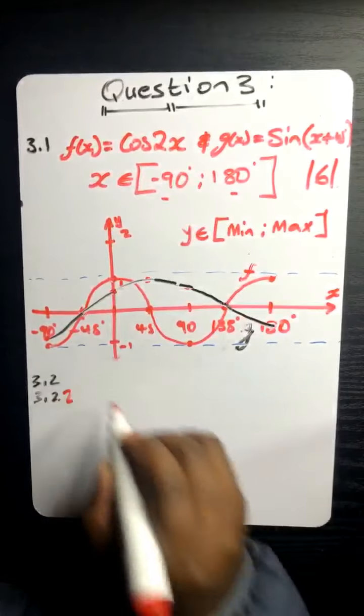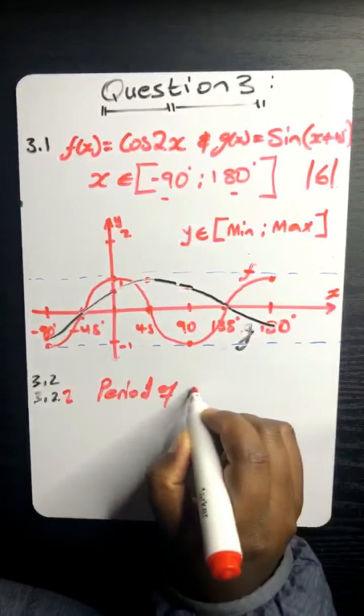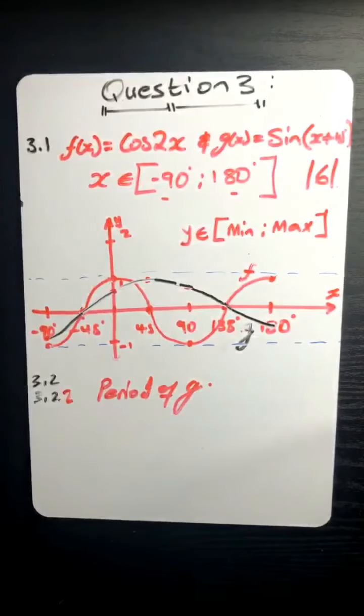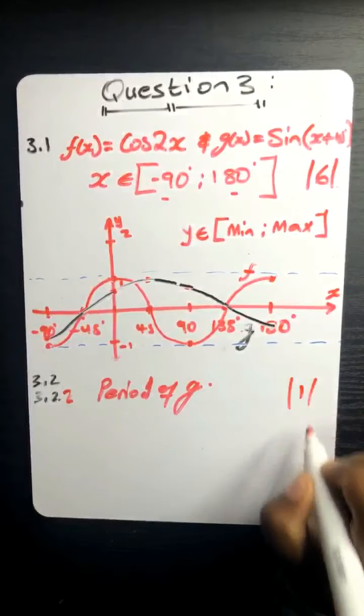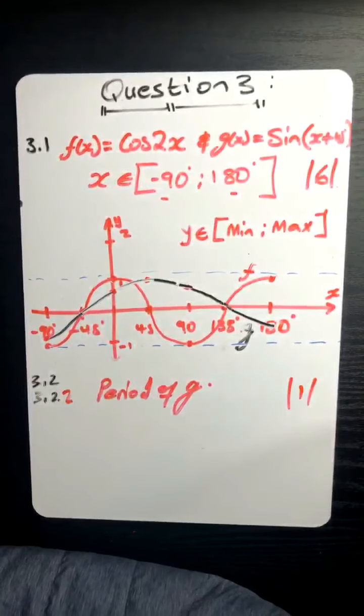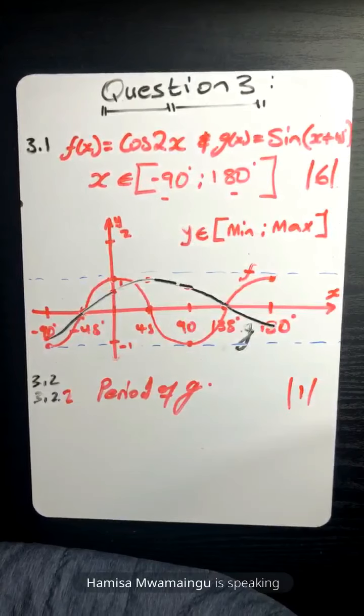So now, the next question says the period of g. What is the period of g? And this question is allocated 1 mark. What is the period of g, guys? 360 degrees.